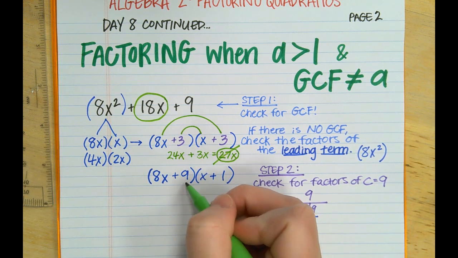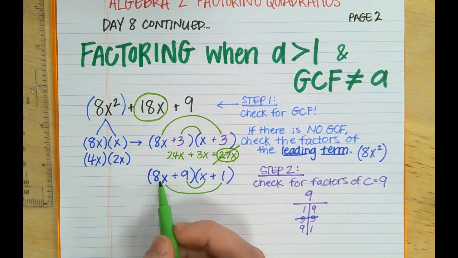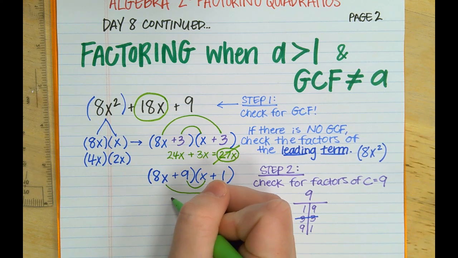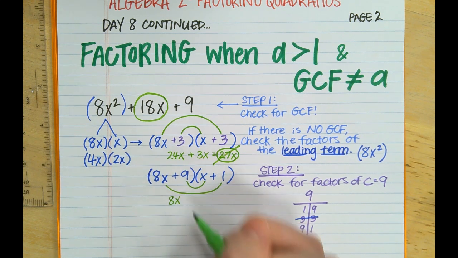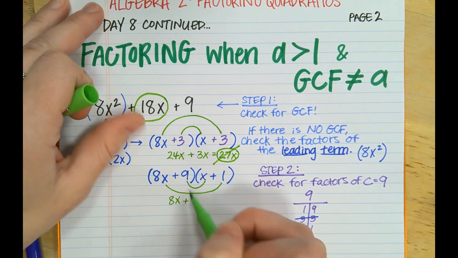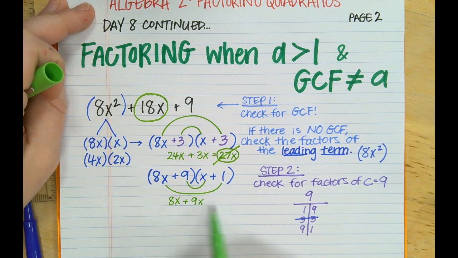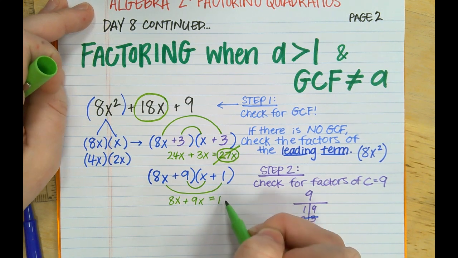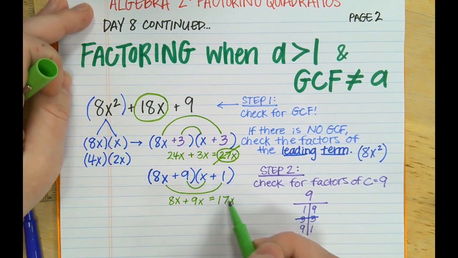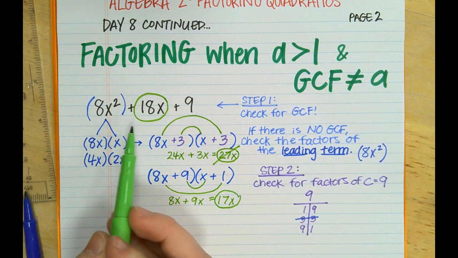So we'll check again with our rainbow. 8x times 1 is 8x. 9 times x is 9x. That's going to give us 17x, which is really close, but it's not correct. We want 18x.